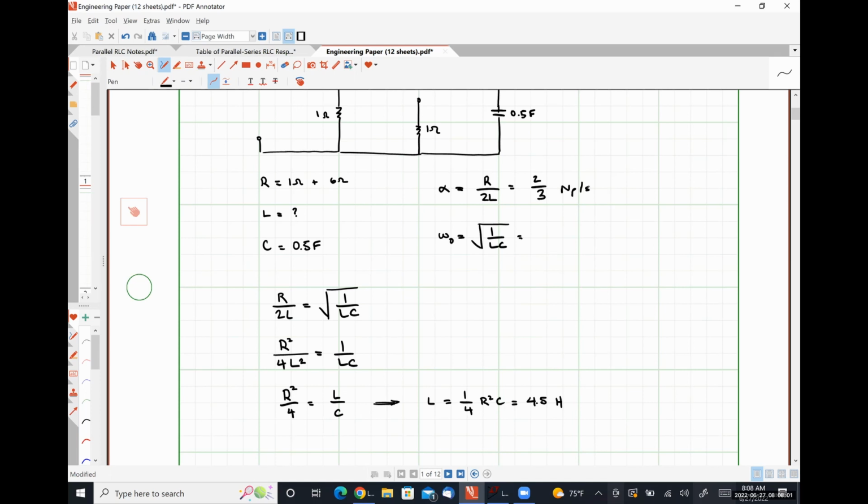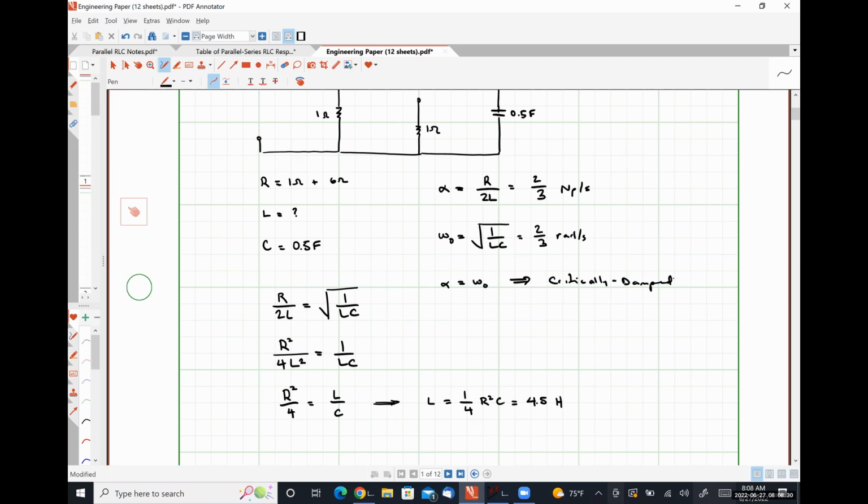And just to make sure I've done my algebra correctly, the square root of 1 over 4.5 times 1/2 also comes out to be 2/3 radians per second. Since alpha is equal to omega naught, we have a critically damped system.